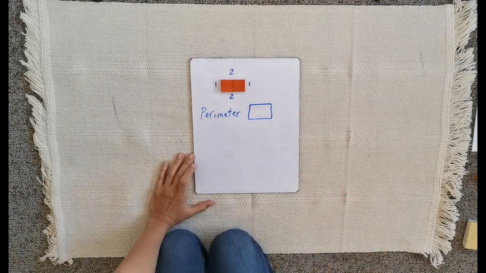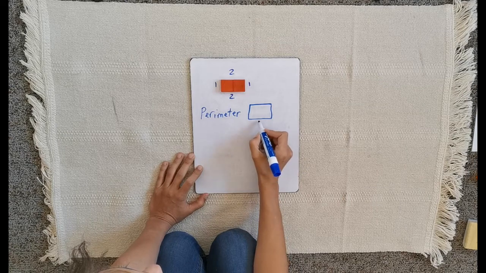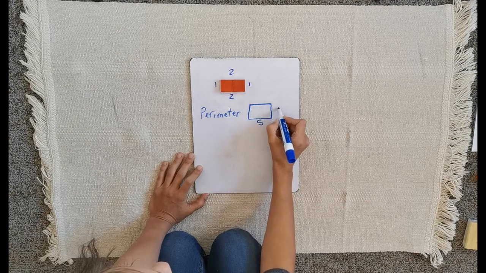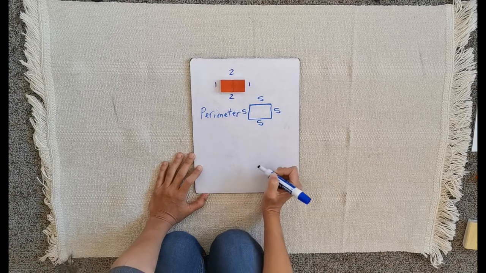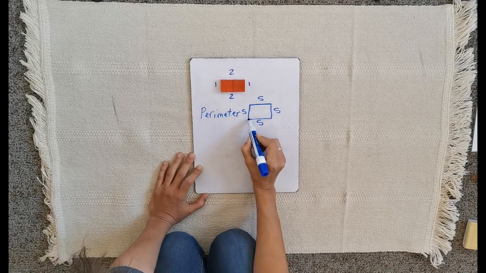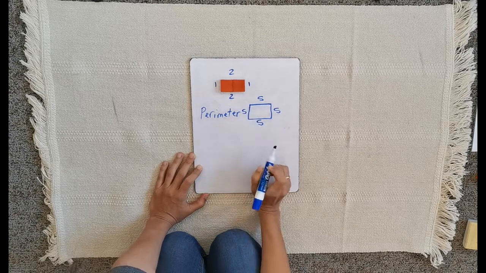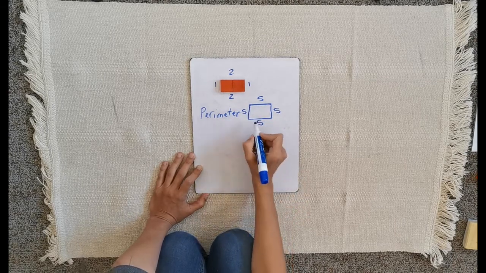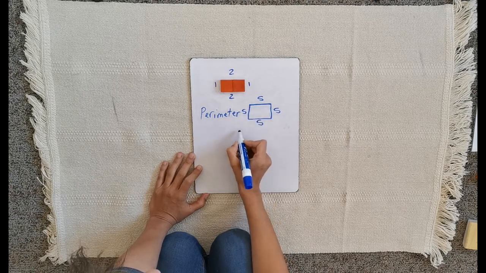Okay, so what we need to do is to add this side, this side, this side, and the other side, because you will be starting here until here again. So you will add the 4 distances.